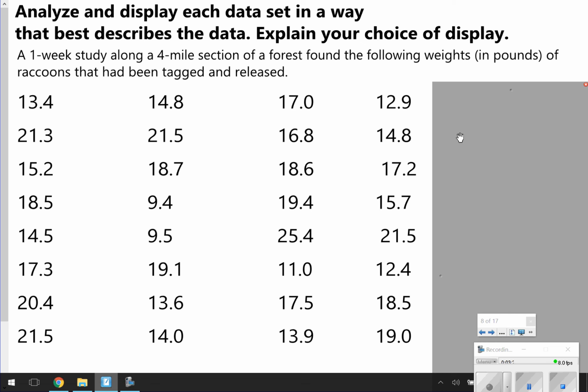This is another set of data. For an example, we have a 1-week study along a 4-mile section of a forest found the following weights of raccoons that have been tagged and released. Again, what data display do you think best describes the data? Again, you can pause, talk with your neighbor, and push play when you're ready to see the answer.